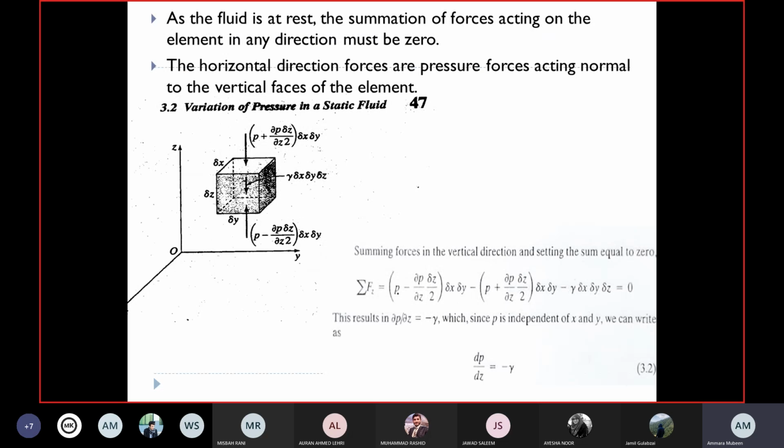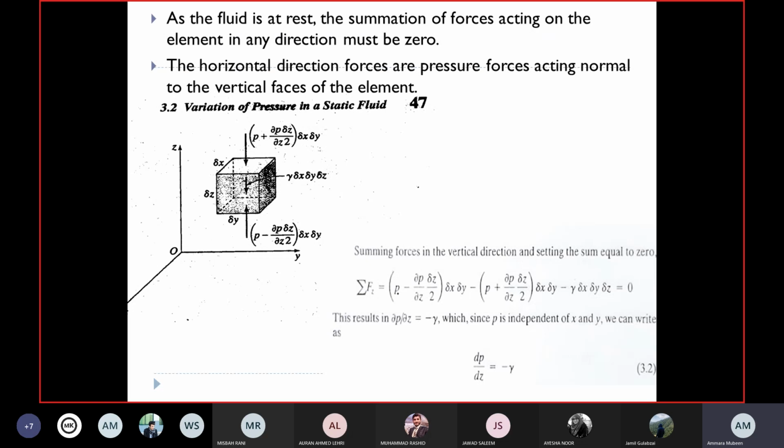Again, one of the most used concepts in fluid law is the one you have already used, which is P is equal to gamma multiplied by H. If you want to find the pressure at any point, you have to know the specific weight multiplied by the depth of that element from the free surface, which is called H. You have already used this for many cases.